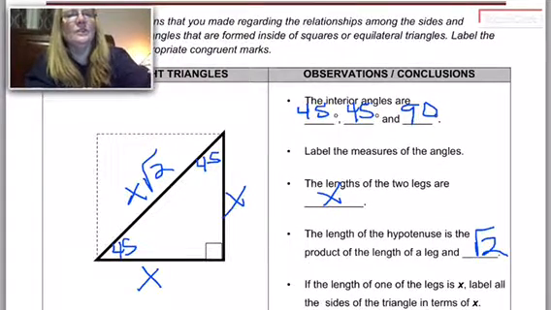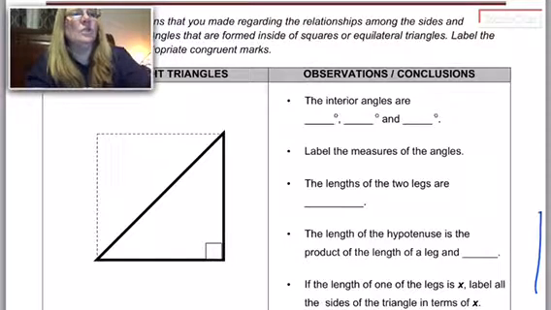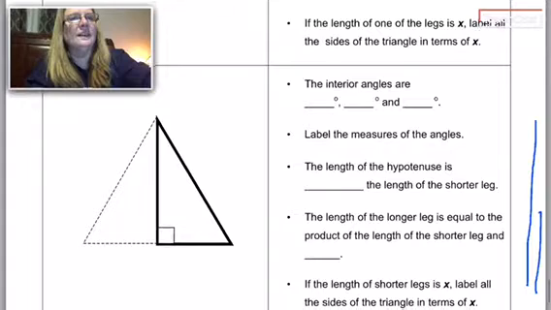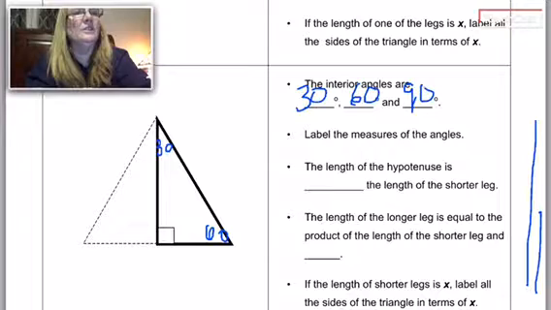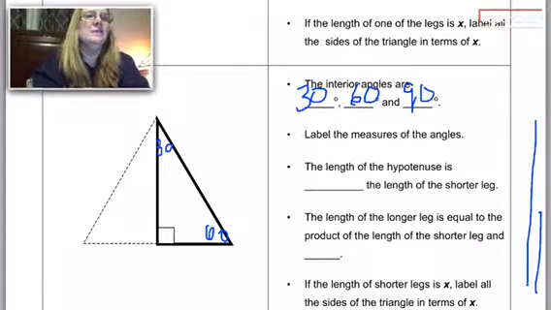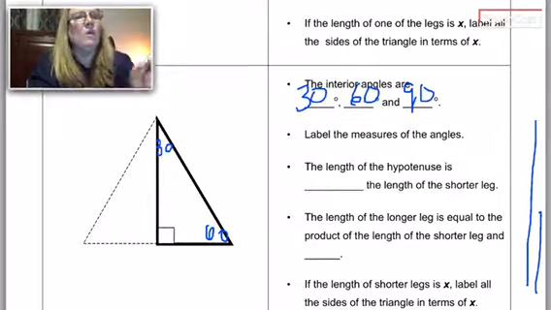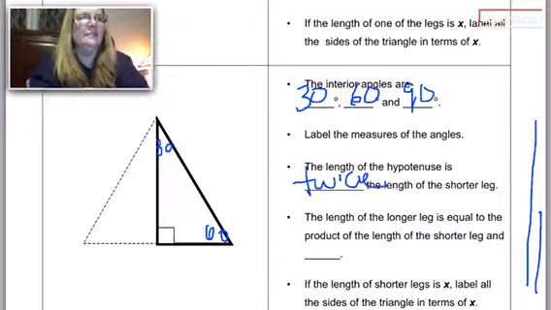Now let's look at the other one, which we will call the 30, 60, 90 triangle. Okay, so these interior angles are 30, 60, and 90. Now this one you have to be a little more careful, okay? Because the length of the hypotenuse is always going to be twice the length of the shorter leg.